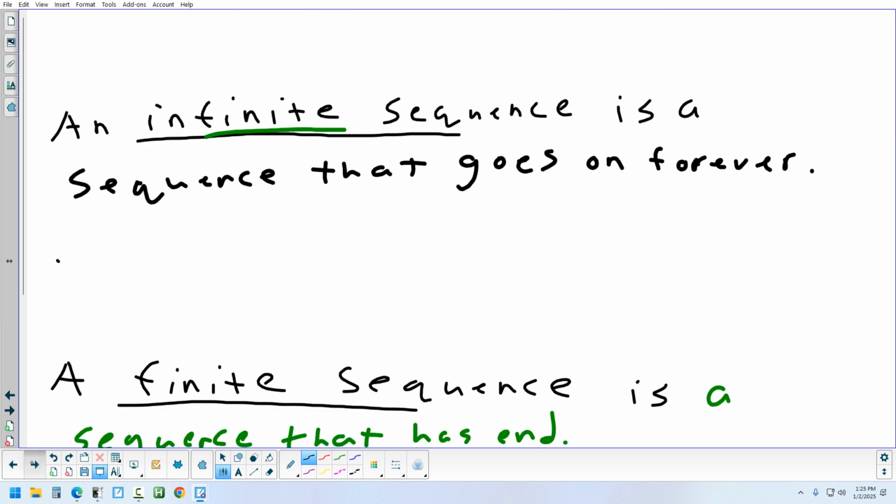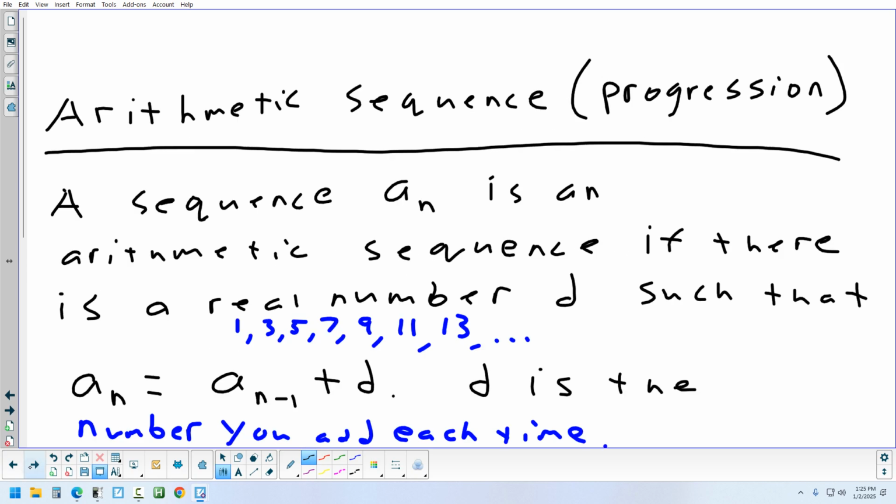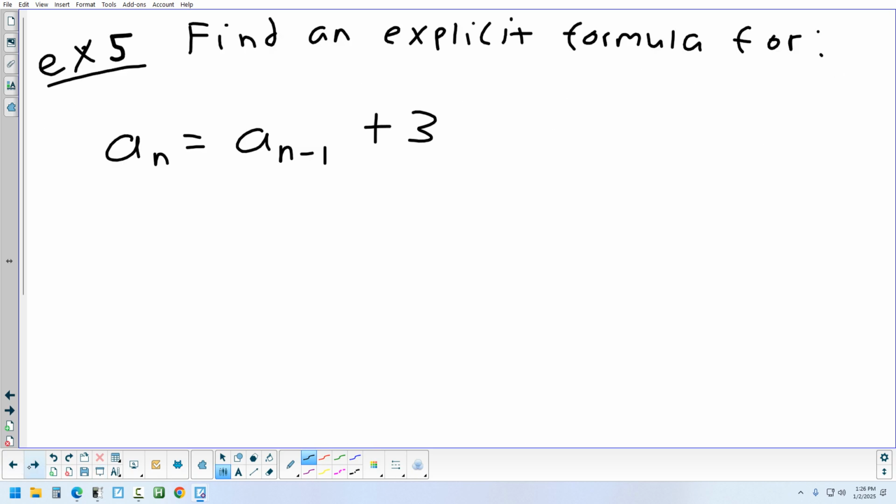We'll try another one. All right, so I want to find an explicit formula for that. Now, if that's all I gave you, that's impossible. Why is that one not doable? Because you don't have the first term. I didn't give you the first term, and it's a recursive formula, so I have to tell you where to start.